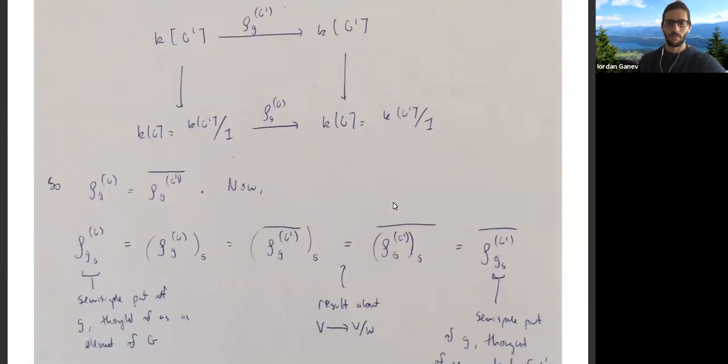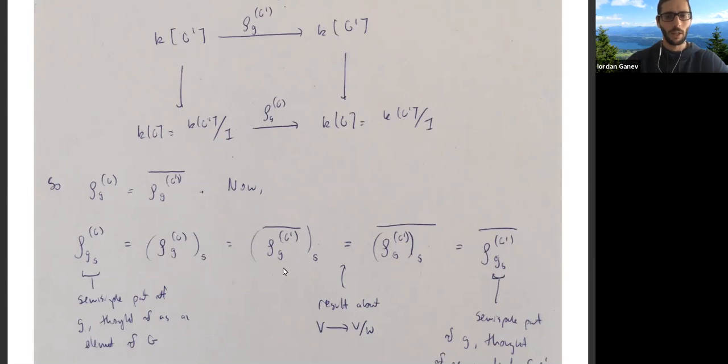I pointed out that this semisimple and unipotent decomposition interacts well with subspaces that are stable. So if we take a quotient like this, let's just go through this. If we take the semisimple part of g, thinking of it as an element in capital G, then by what we argued before, that's the semisimple part of rho g.